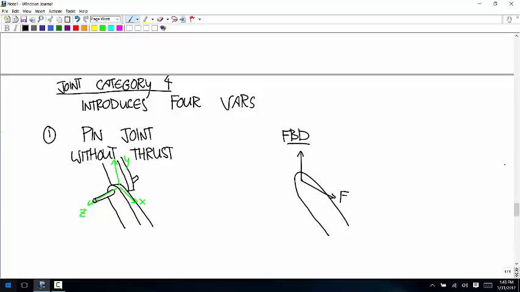So there's a force in the x direction and a force in the y direction. And then those rotations that are restricted are about the x-axis and the y-axis. So there's a couple component mx and a couple component my.